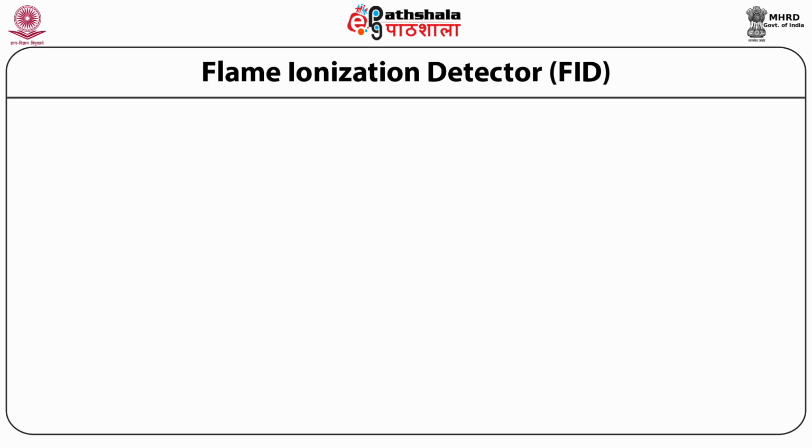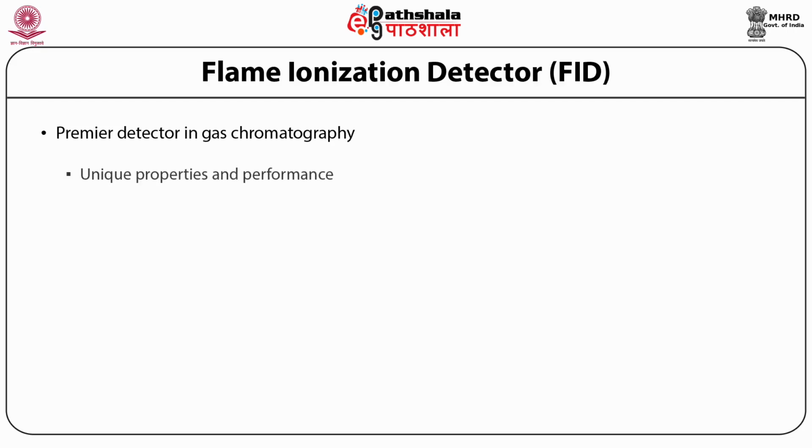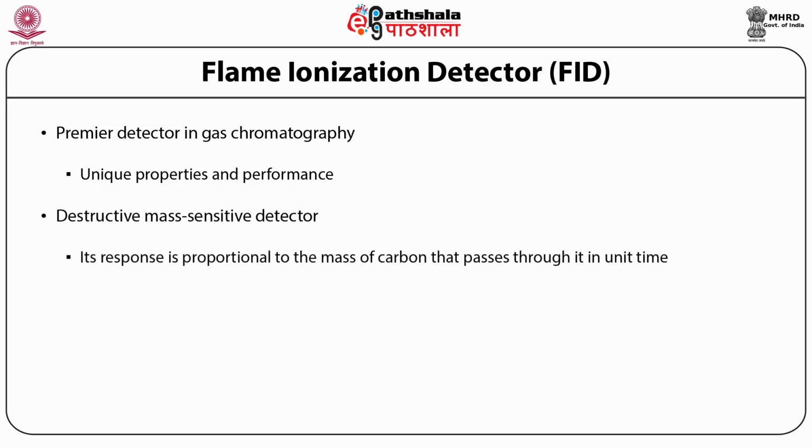The flame ionization detector is the premier detector in gas chromatography. It has some unique properties and performance that put it above and beyond all other generally used detectors in gas chromatography. It is a destructive, mass sensitive detector, which means that its response is proportional to the mass of carbon that passes through it in unit time.